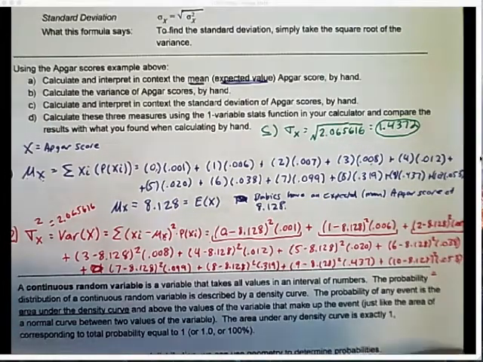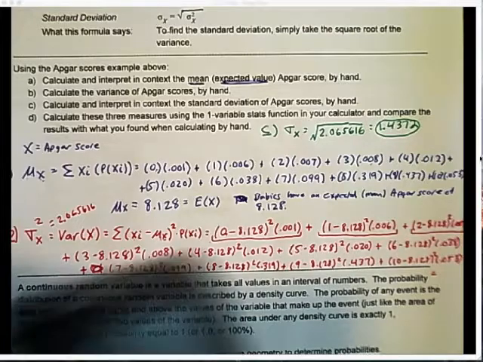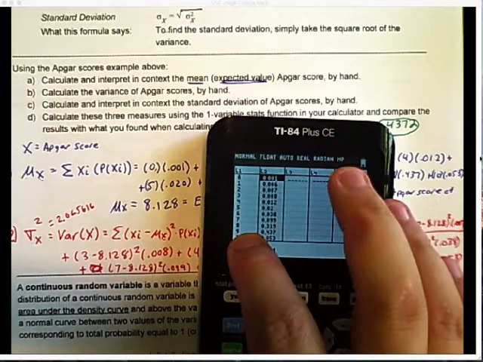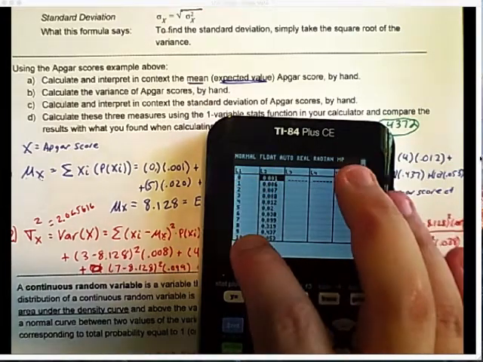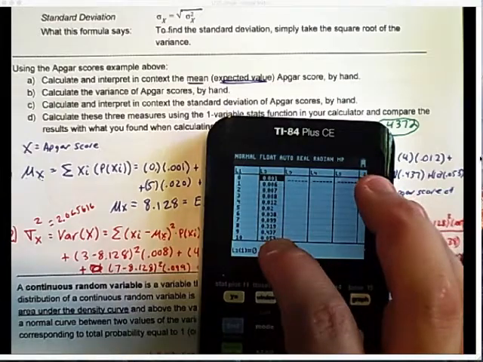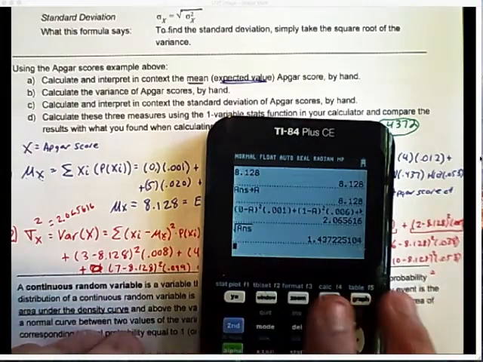All right. Now, we can do all of this in one much easier step. So, remember we put the data into list 1 and list 2. List 1 was the APGAR scores, list 2 were the probabilities or the relative frequencies, no matter how you want to say it. Okay.